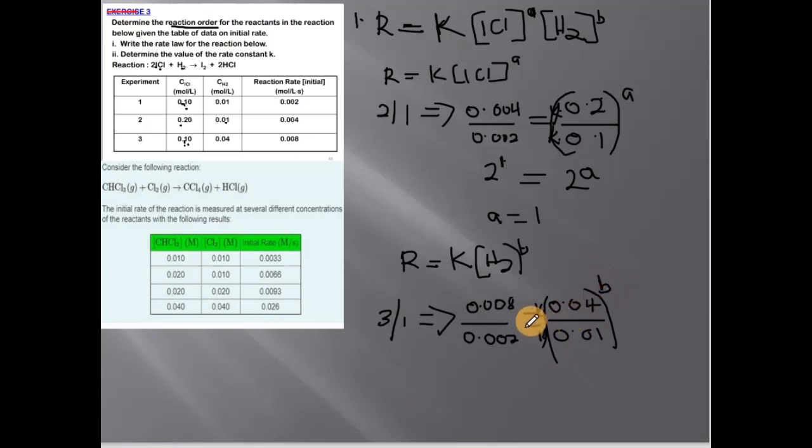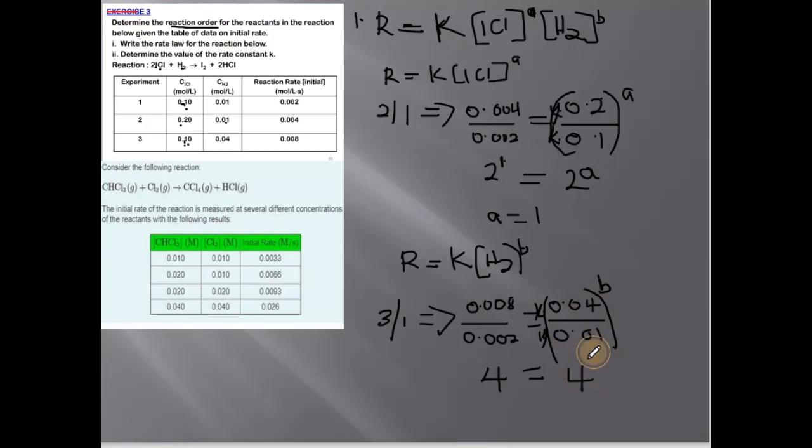So from this expression, let's look at something. We can say that 0.008 over 0.002 will give you what? 4. And that equals 0.04 over 0.01, which is also 4.